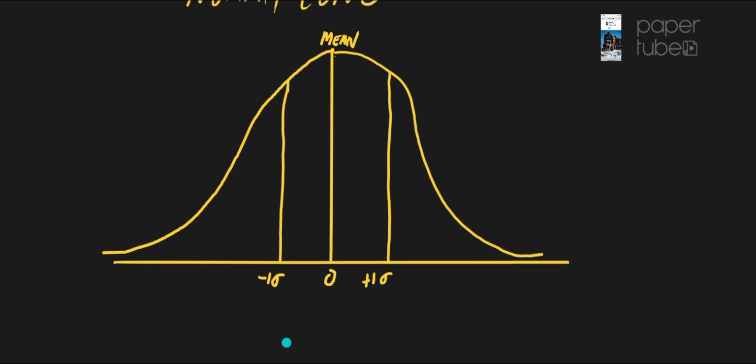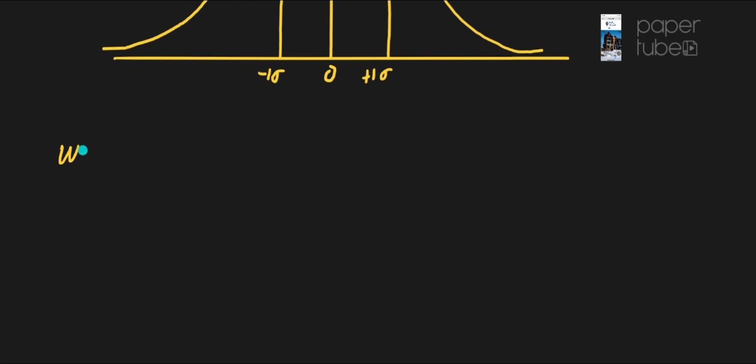And we talked about the Wechsler IQ, and that has a mean of 100, and it has a standard deviation of 15. So it has a standard deviation of 15 points.